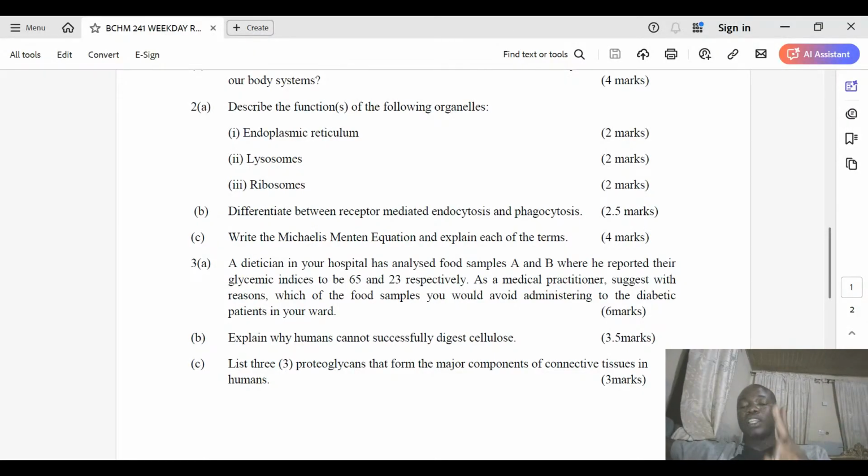Let's say you have two enzymes, enzyme A and enzyme B. Enzyme A has a Km of 2 milligram per mil, and enzyme B has 1 milligram per mil.